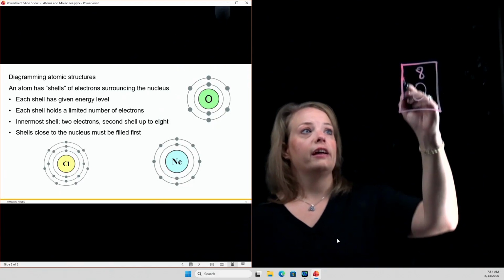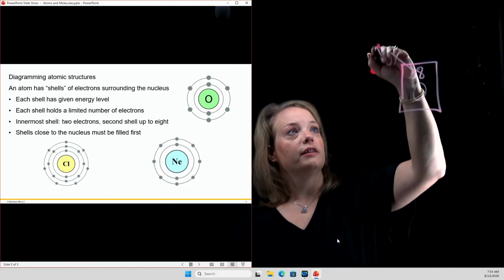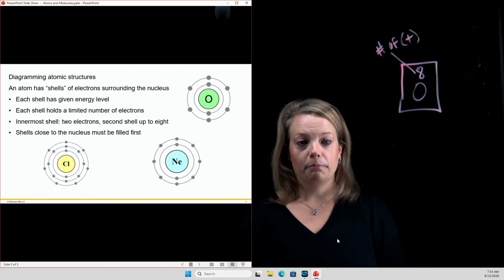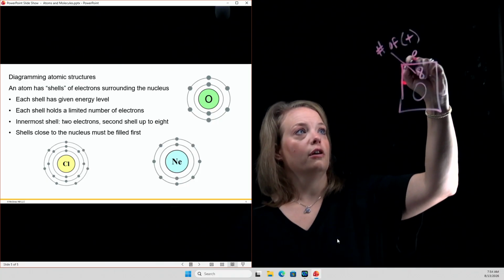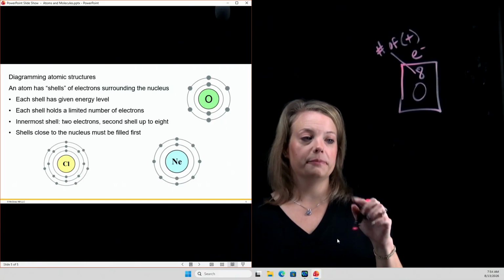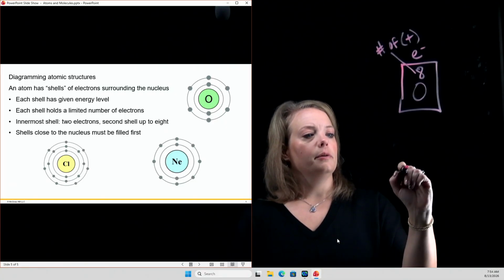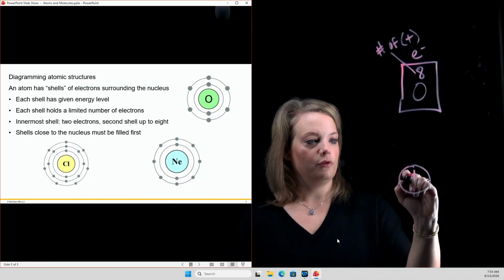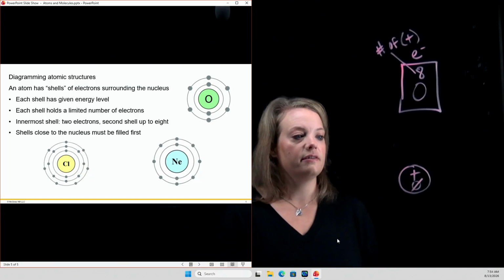Again, that 8 not only represents the number of protons, but it also represents the number of electrons. So oxygen has 8 electrons orbiting around it. If we draw, say, here's the nucleus, so our protons and neutrons.